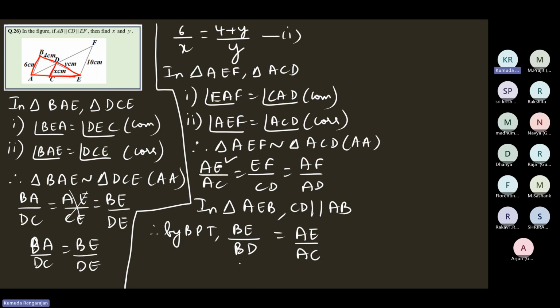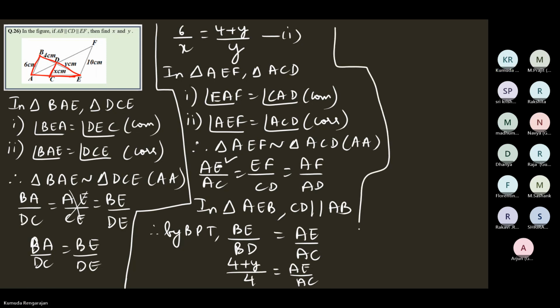So what is BE by BD? BE is 4 plus Y or Y plus 4 by BD. BD is 4, is equal to, we don't know this, is equal to AE by AC. Now use this. Okay, so use this. Yeah.